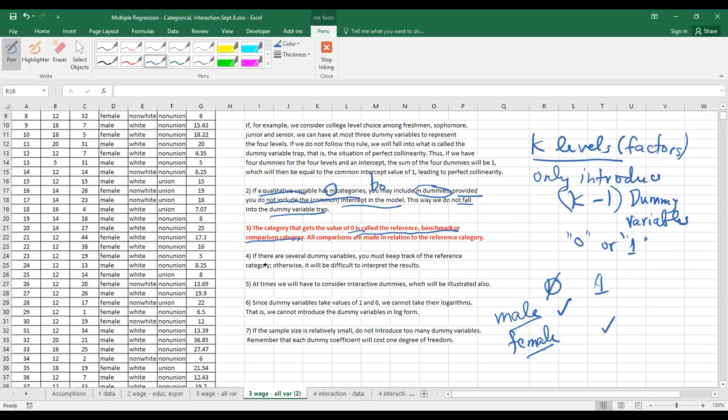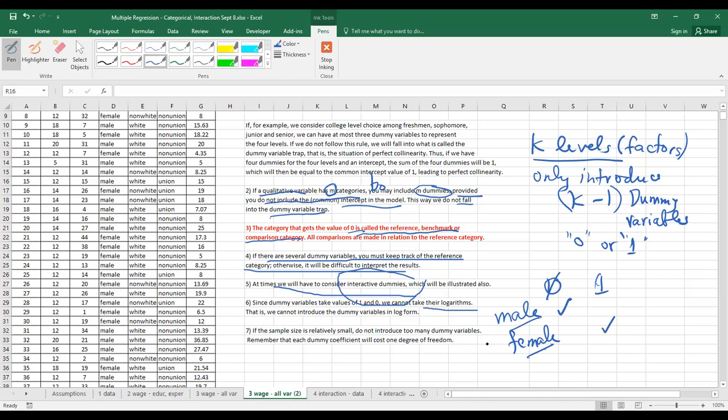If there are several dummy variables, you must keep track of the reference category. Otherwise, it will be difficult to interpret the result. So, dapat alam natin kung sino yung ginawa nating benchmark or sino yung ginawa nating zero. At times, we will have to consider interactive dummies. We will consider this. Sana umabot tayo mamaya. Okay, since dummy variables take the values of 1 or 0, we cannot take their logarithms.